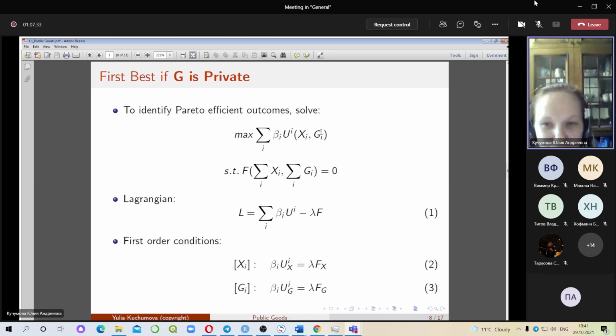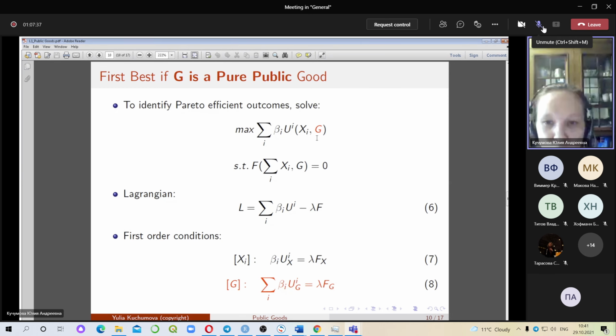When we talk about a public good, it's a good that everybody consumes at the same time, and everybody's consumption is the same total amount of this good, G in our case.